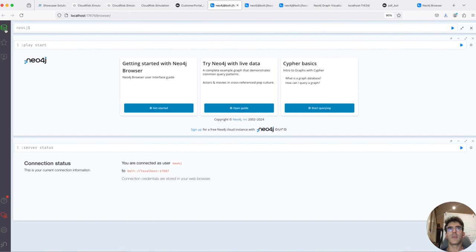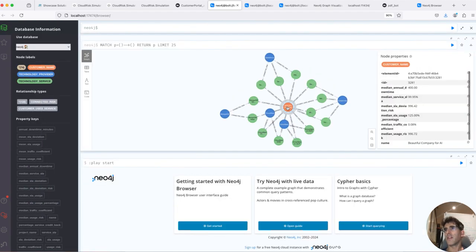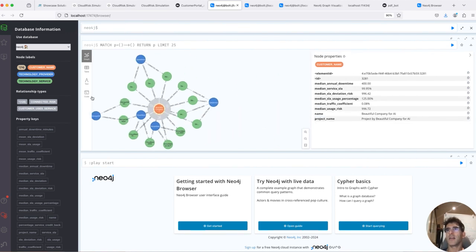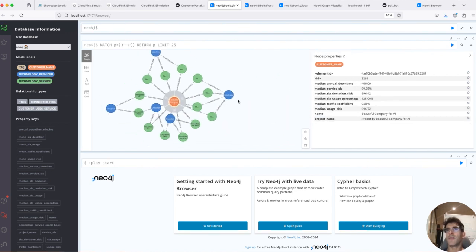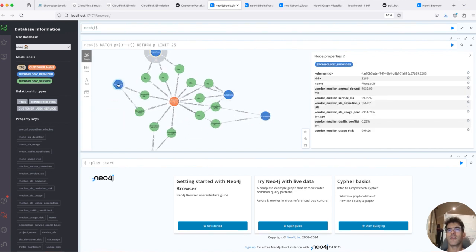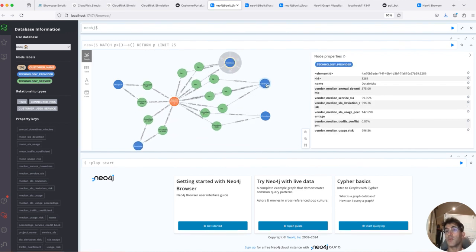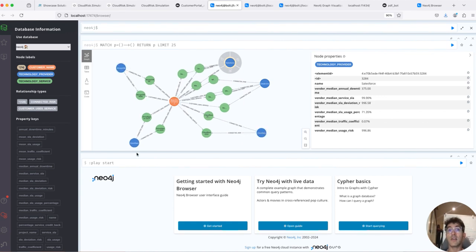It just has the last run. In this last run, we had our company details, specific medians, the comparables between cloud vendors, and the corresponding services used by those cloud vendors. That's the use case where we benefit from graph analysis.